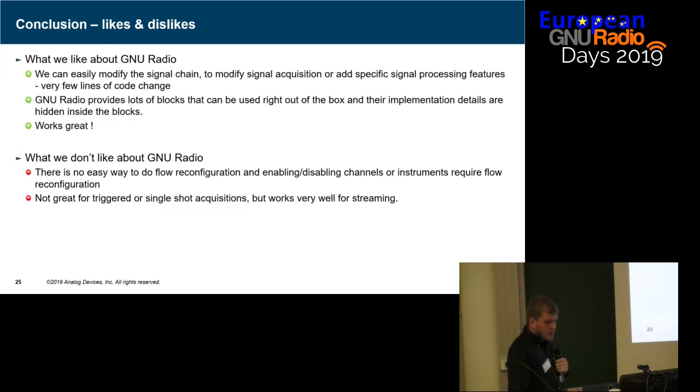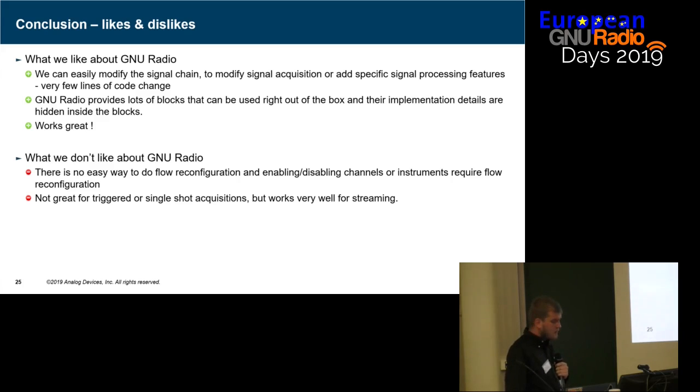So in conclusion, what we liked about GNU Radio was that we could easily modify the signal chain and the signal acquisition. We only needed to change very few lines of code in order to change major features in the instrument.